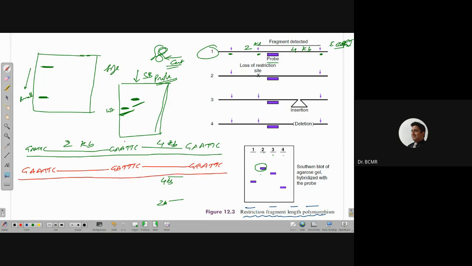There is a difference between the wild type and this one. Now, sample 1 gave 2 and 4 kb fragments. If I cut sample 2 with EcoR1, it will cut here, it will not cut here, but it will also cut here. So the fragment size would actually be 6 kb, counting from here, 2 plus 4 kb.